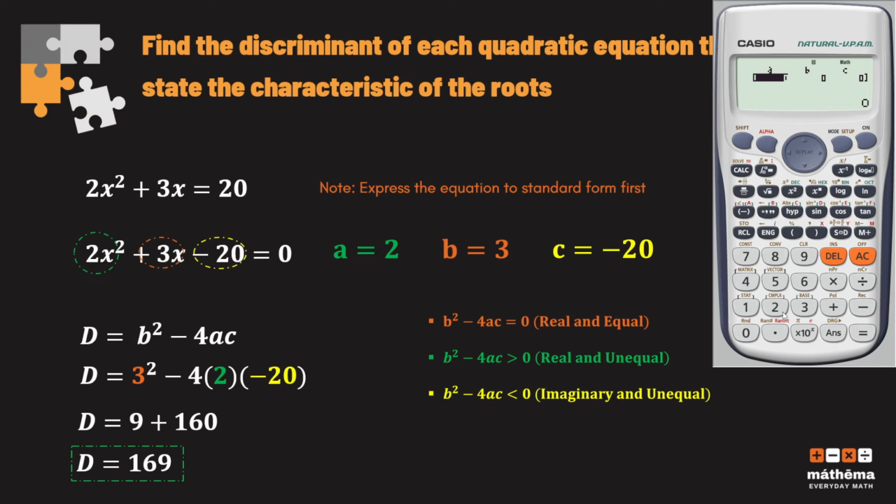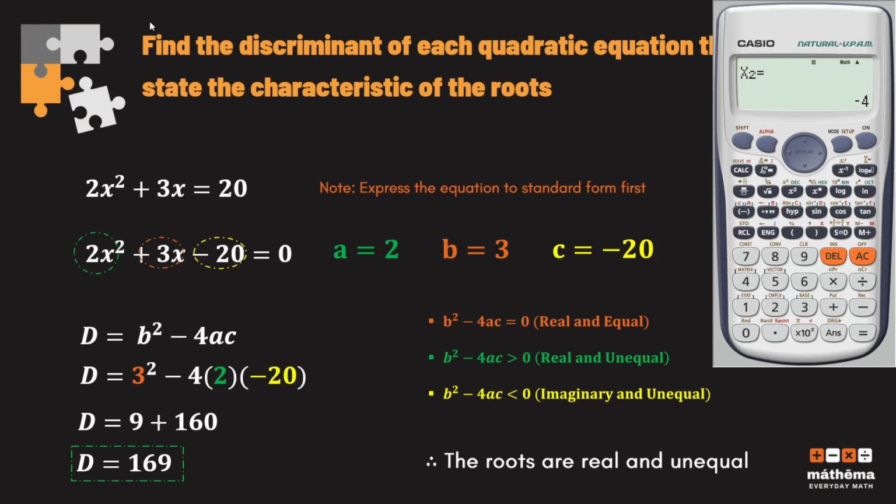Our a is 2, so we'll have a is 2 equals, b is 3 equals, c is a negative 20, and then click equals. To find the roots, we'll click equals again, and then here we go. The first root is 5 over 2, and the second one is negative 4. As you can see, 5 over 2 and negative 4 are real numbers and they are unequal. Therefore, our solution is correct. So the roots of this equation are real and unequal.